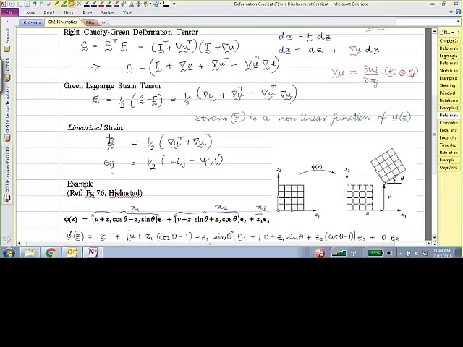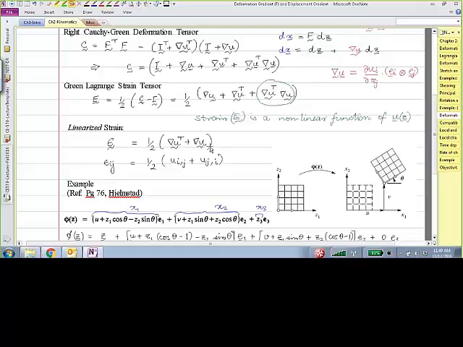We also looked at this definition of a linearized strain, which, as I showed you last time, does not include this nonlinear term. So if you write the definition of the Green Lagrange strain in terms of the displacement gradient, there is this nonlinear term that causes this definition of strain to be nonlinear.